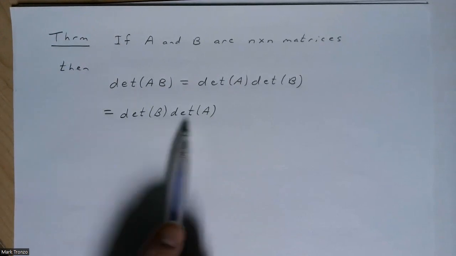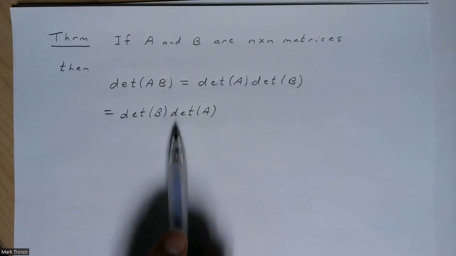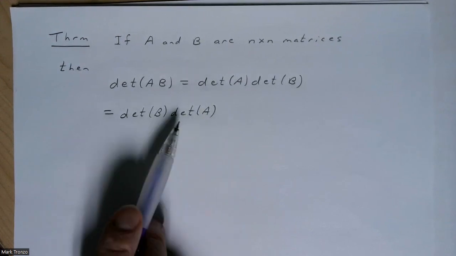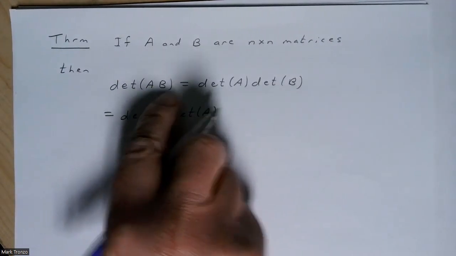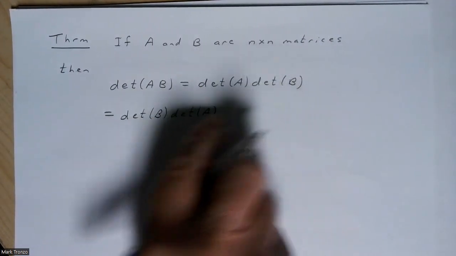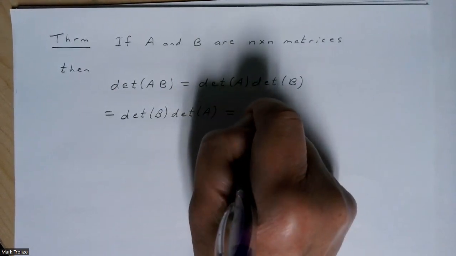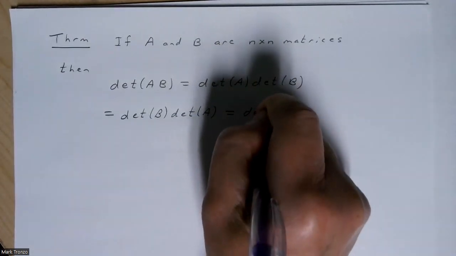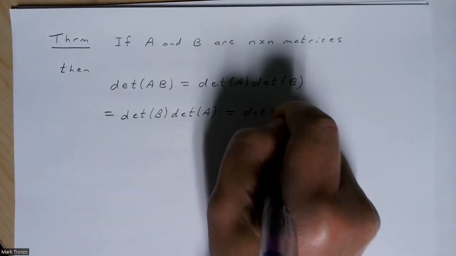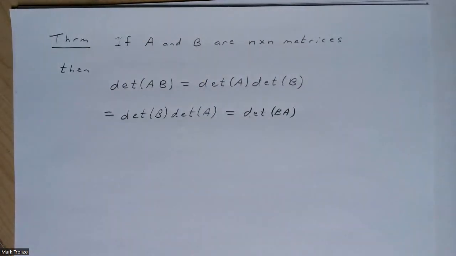And now what does this imply? Because the determinant of A times B is the determinant of A times the determinant of B, going the other way, that means this is going to be equal to the determinant of B times the determinant of A, like that.